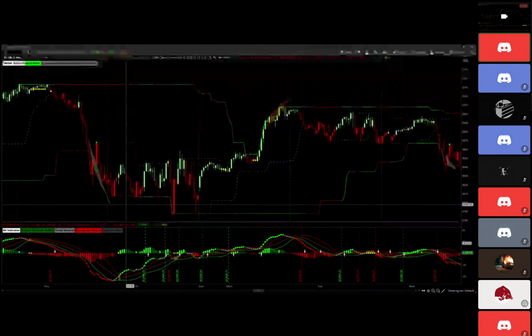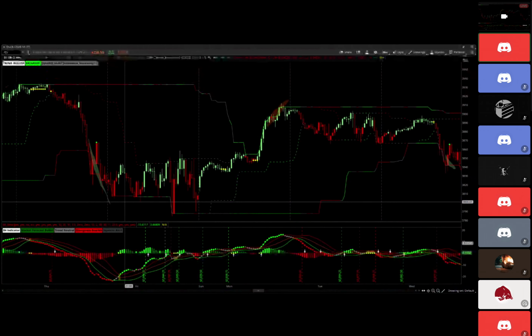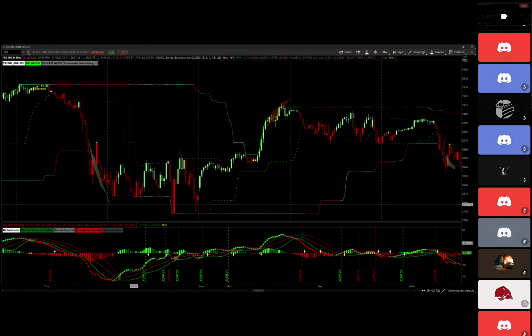This is the other thing with the clouds, and this is kind of a different way of looking at them. They tend to have support and resistance at their endpoints. So here you see the end of the cloud, and you can see where price over on this side right here gained support for the move upward.